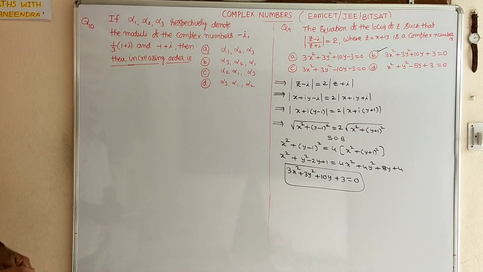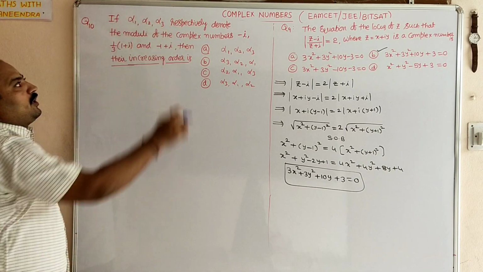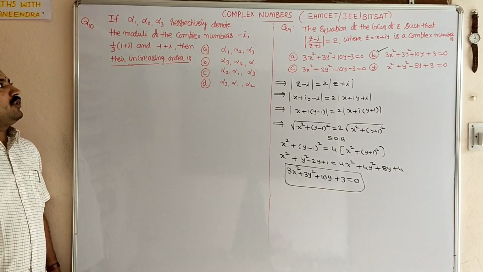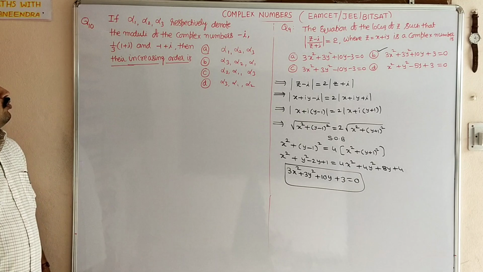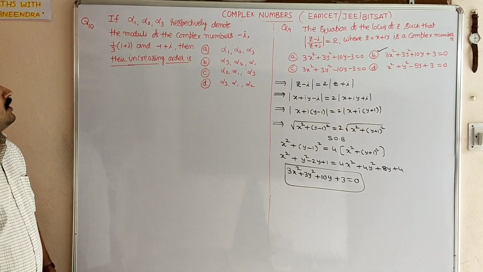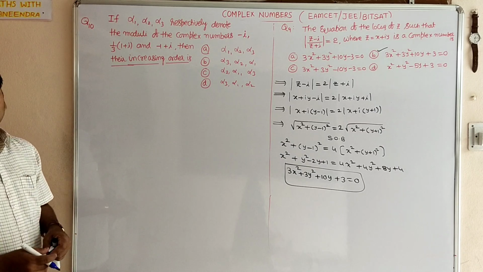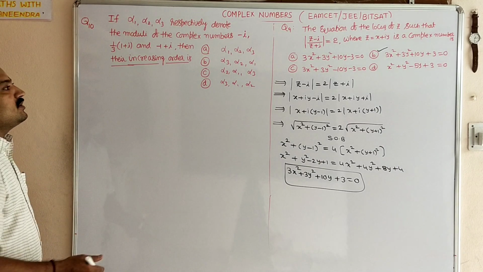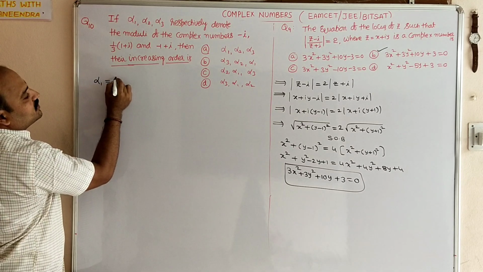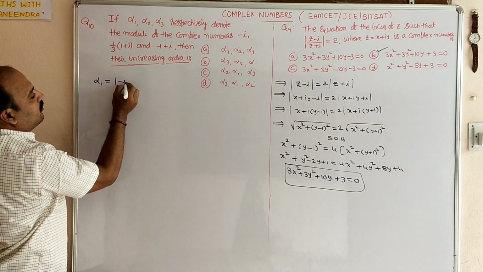Next question. If α1, α2, α3 respectively denote the moduli of the complex numbers -i, (1/3)(1 + i) and -1 + i, then their increasing order is? First, α1 is the modulus of the first complex number, |-i|.